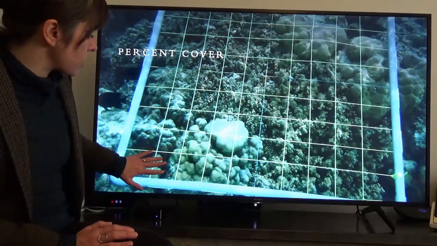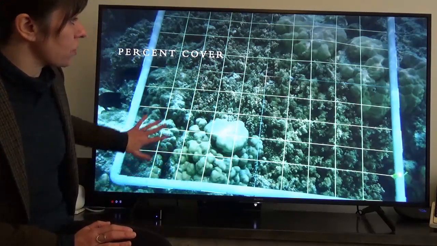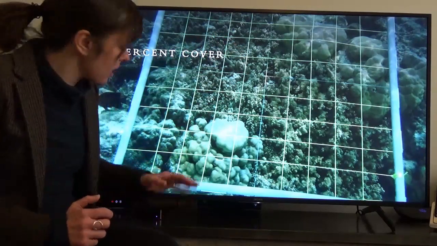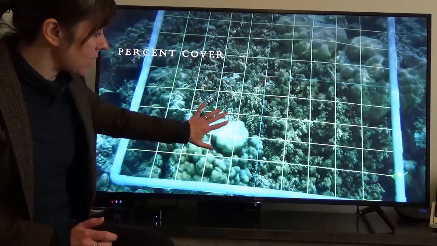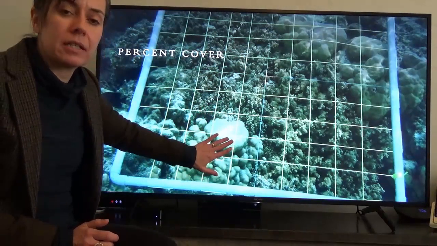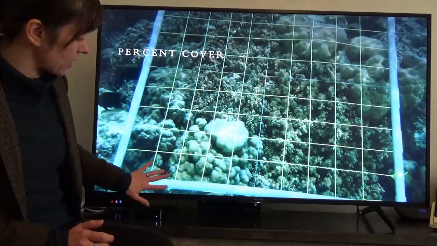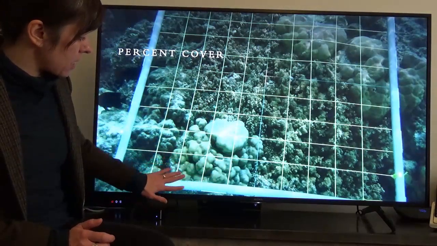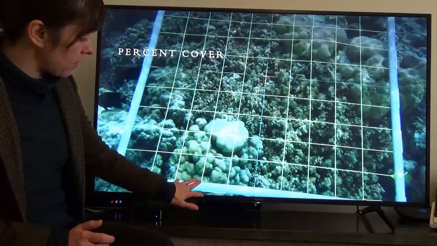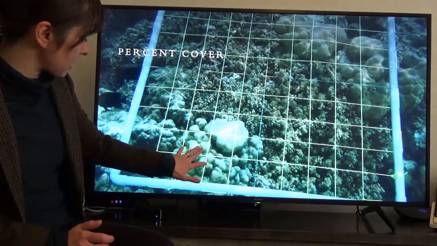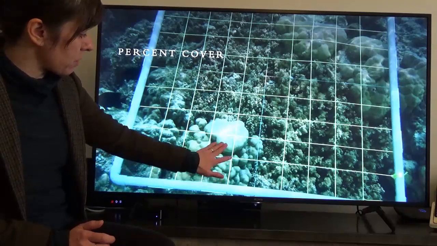And so what you do in that context is you get to your plot, you identify all the species that you have in there, and then you try to figure out how many of these little subgrids they occupy. So if we look at this white brainy looking thing down here, we'd first identify how many of these squares it is completely filling, and it looks like maybe 3 squares are completely full.